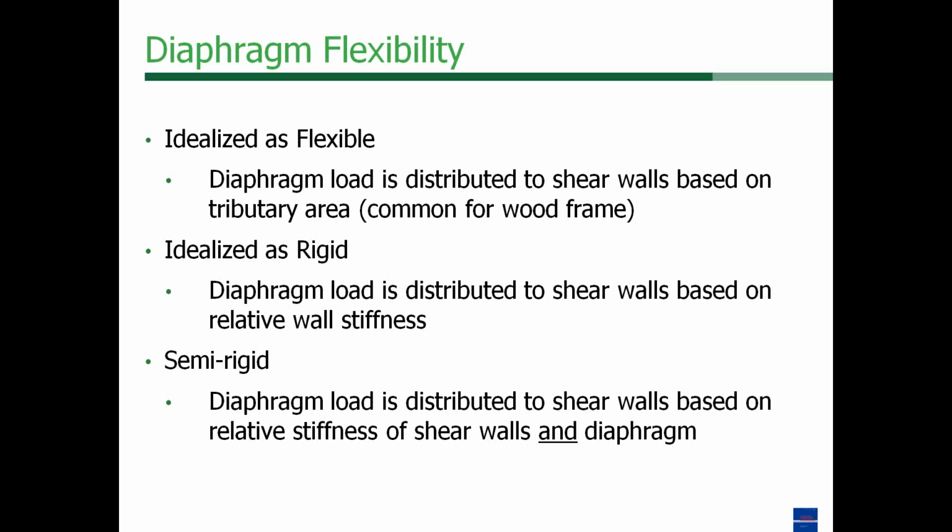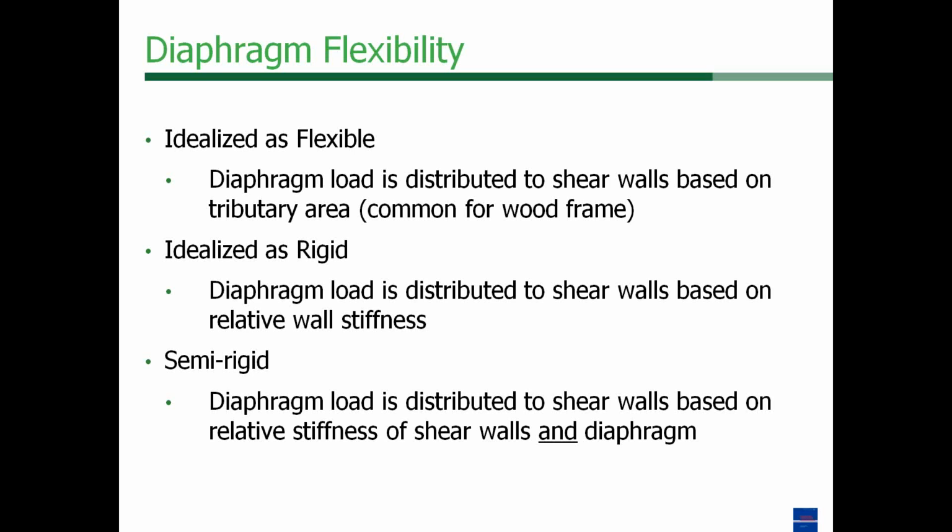And so what you usually end up with are structures with pretty balanced layouts of walls around the perimeters or the interiors, but not layouts that would require torsion to go through the diaphragm and to distribute forces to the walls through the diaphragm by rigid action.